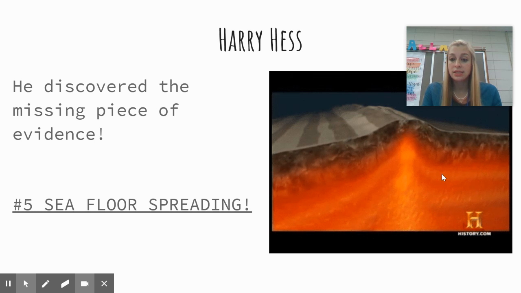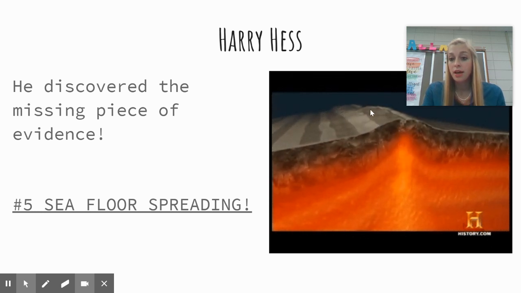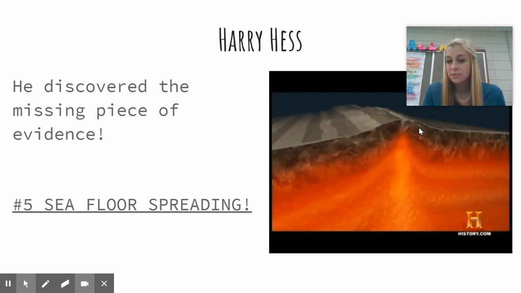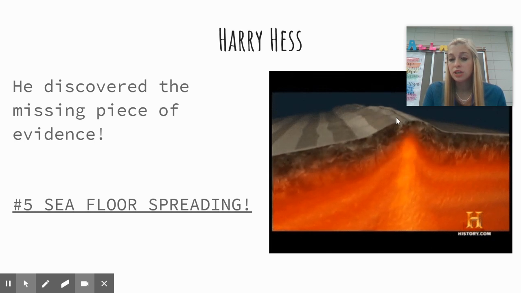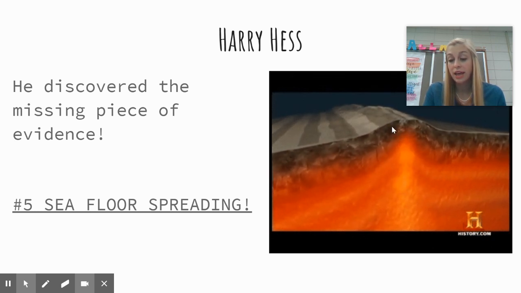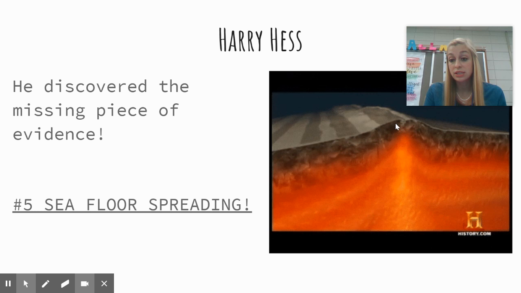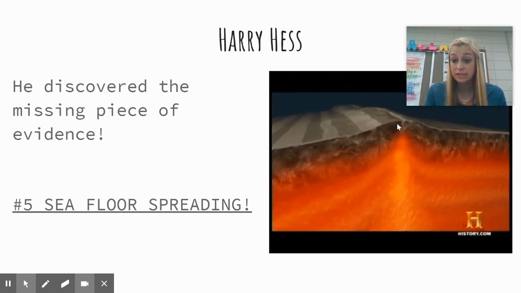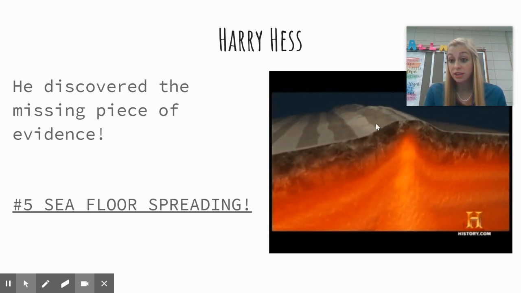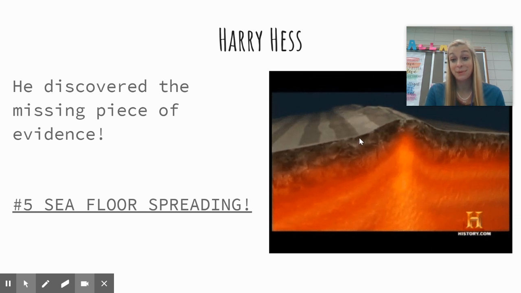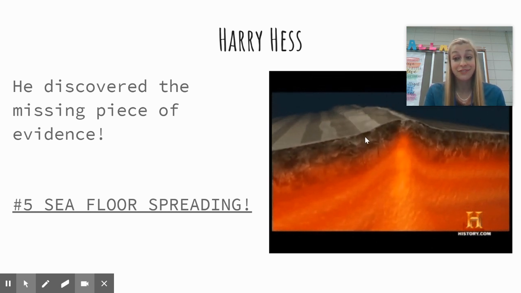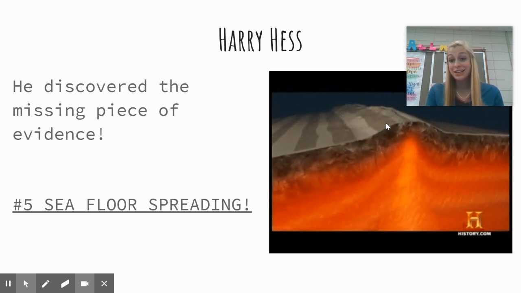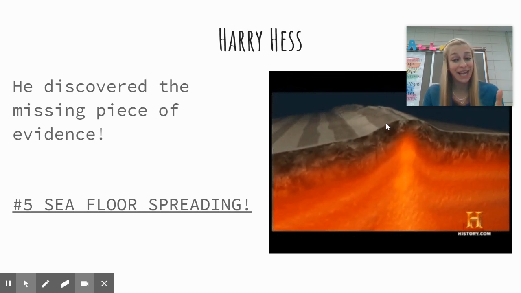And what Harry Hess did is he measured, you see how there's like a line down the middle of this? He measured this crust that is near that crack, and that crust was really new. It was new crust. And he kept measuring the age, because people who studied geology for life can measure the age of rocks. That's not my skill, but they can.